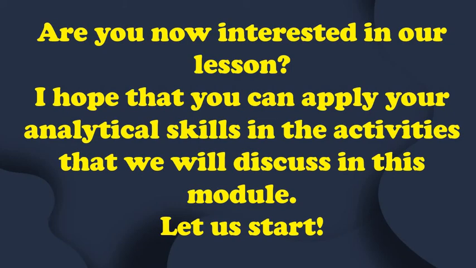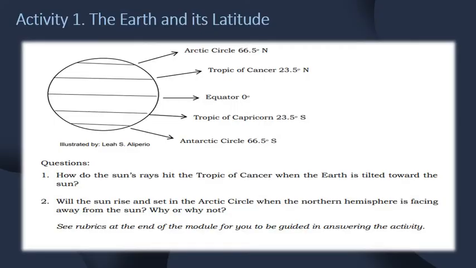So, let us start. Activity 1. The Earth and its latitude. So as you can see from the drawing, the first latitude is the Arctic Circle at 66.5 degrees north. The second one, below that Arctic Circle, is the Tropic of Cancer, located at 23.5 degrees north.